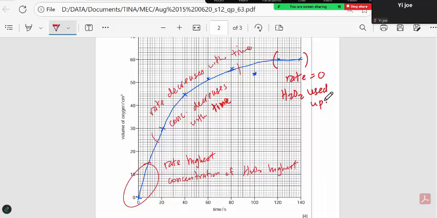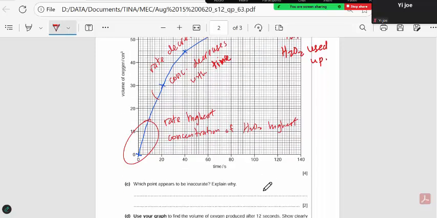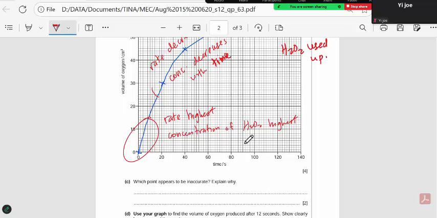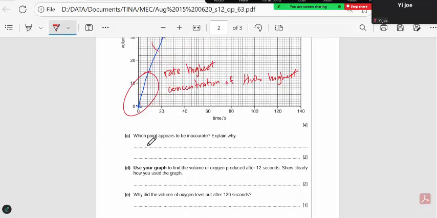Okay? Do you want to answer? Do you understand? The rate decreases with time because the concentration decreases. Which point seems to be inaccurate, at 100 seconds? Why?